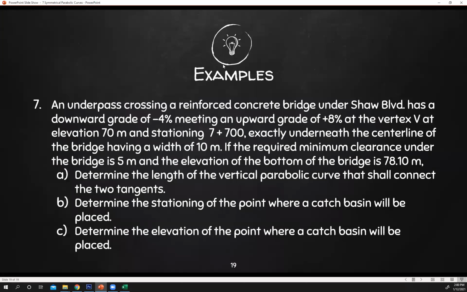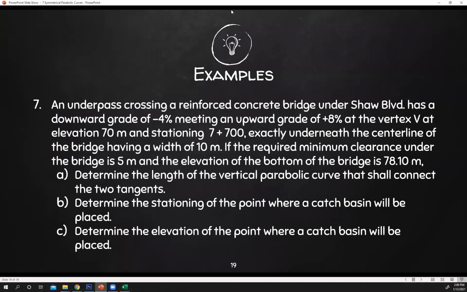An underpass crossing a reinforced concrete bridge under Shaw Boulevard has a downward grade of -4%, meeting an upward grade of 8%. At the vertex V at elevation 70 meters and stationing 7 plus 700 exactly underneath the center line of the bridge, having a width of 10 meters.